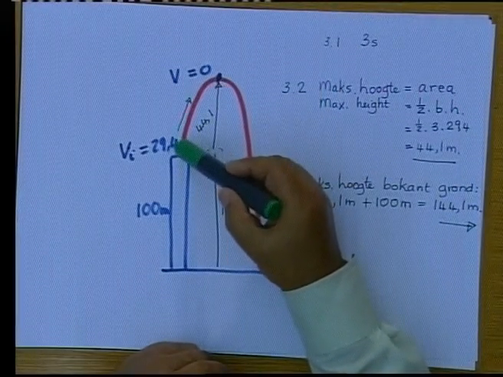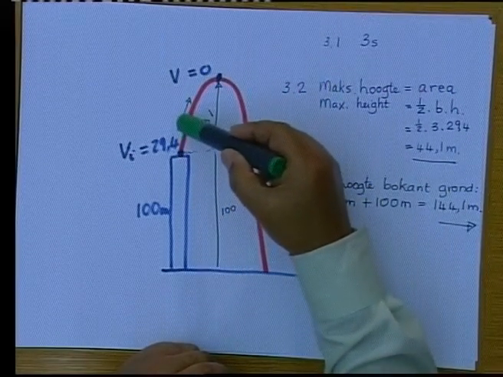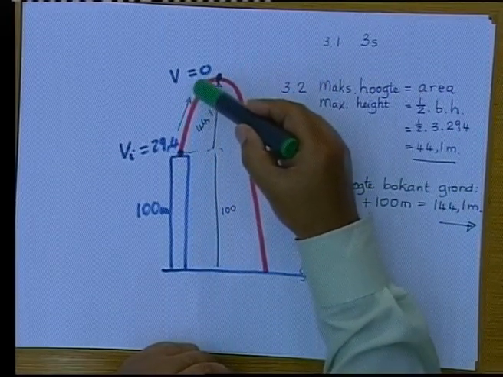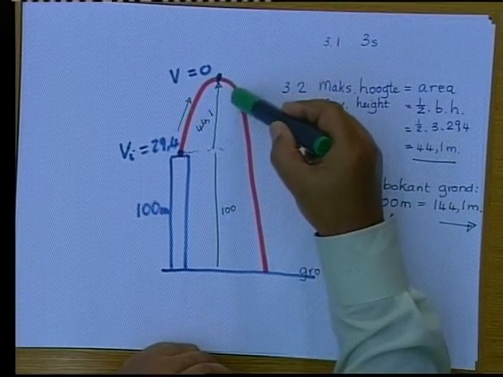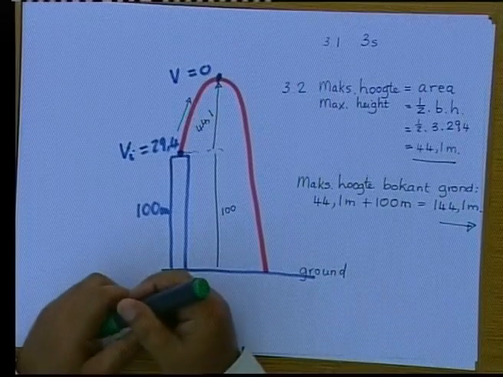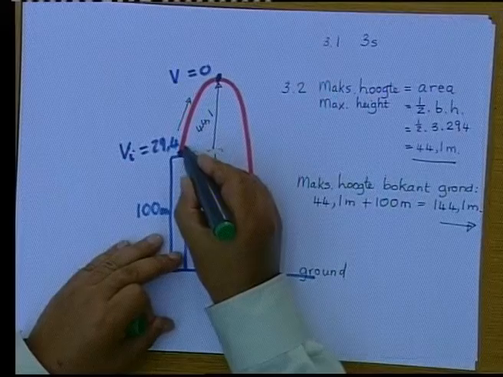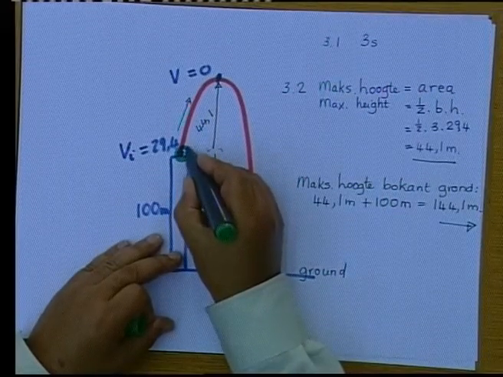This, in fact, is my position time graph because it tells me exactly where the projectile is every step of the way. But now the examiner gives me a clear instruction. He says, use the edge of the cliff as your 0 position.